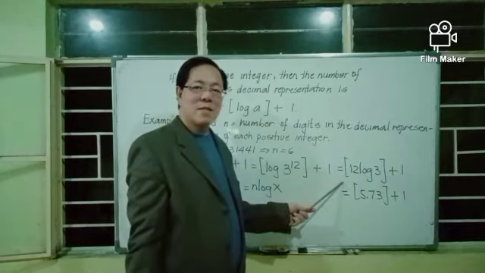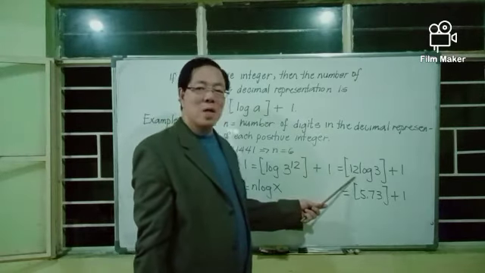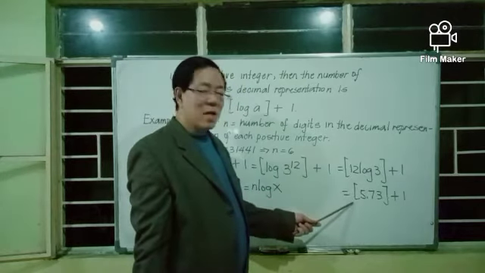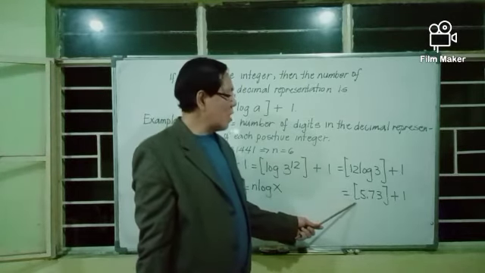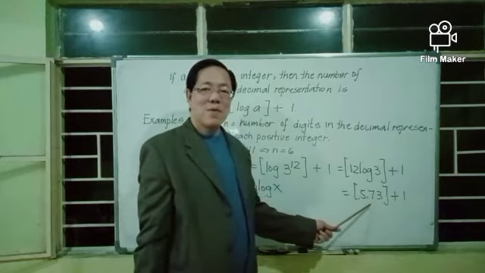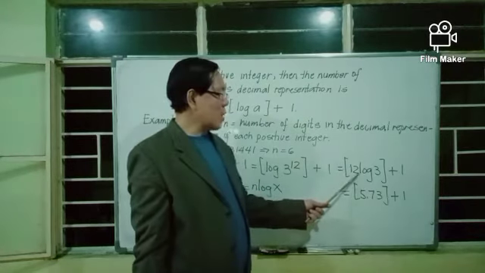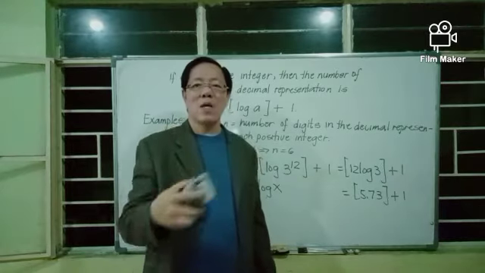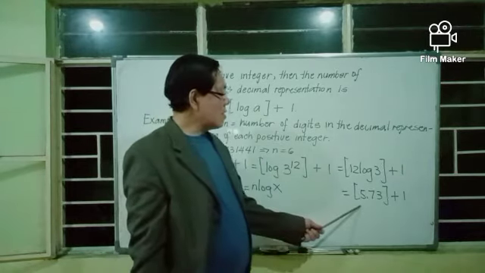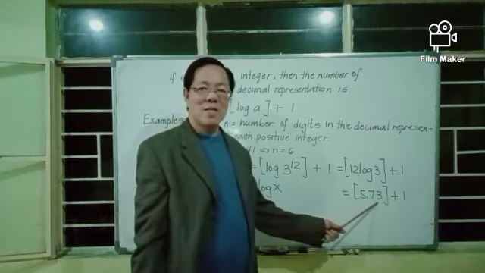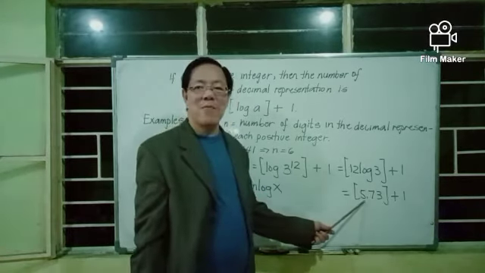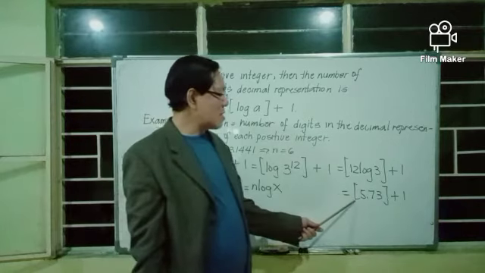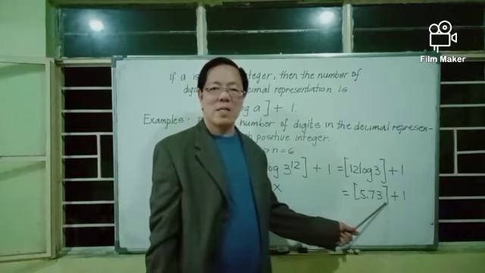You can see that this is the greatest integer function of 12 times the logarithm of 3, and it's equal now to the greatest integer function of 5.73. 5.73 is equal to 12 times logarithm of 3, which we obtained from our calculator. And the floor of 5.73, or the greatest integer function of 5.73, is the biggest integer that is less than or equal to 5.73.